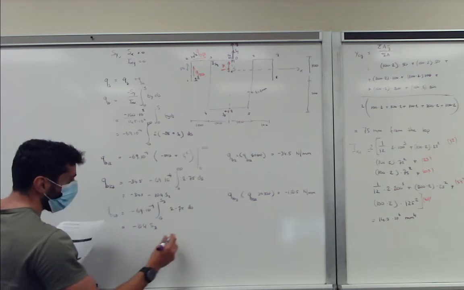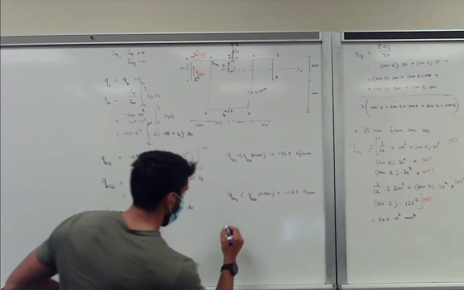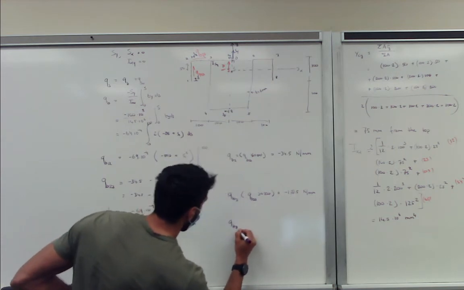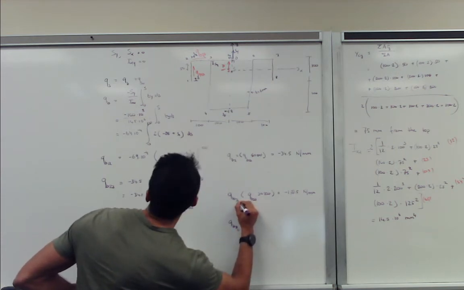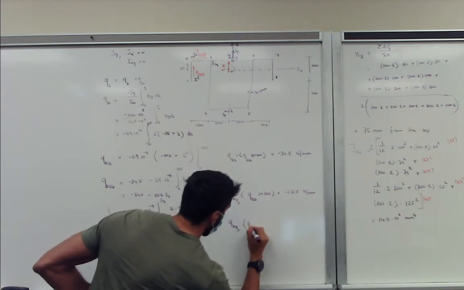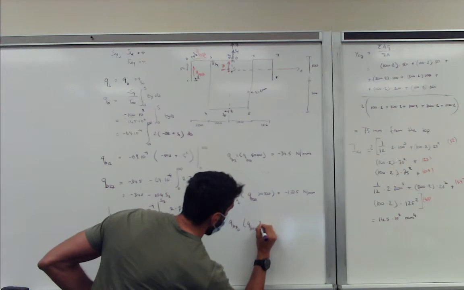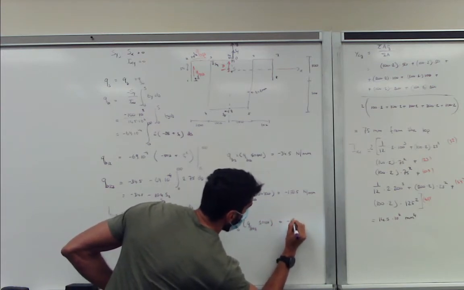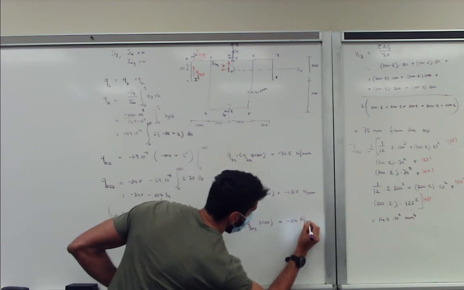And if you evaluate that at 100, QB03, coming in from 0, let's call this coming in from 2, so not a subscript 2, QB03 evaluated at 100 is equal to minus 104 Newton per millimeter.